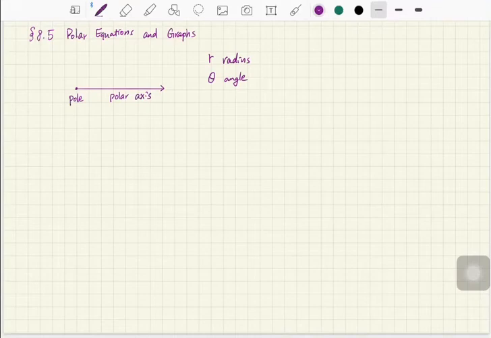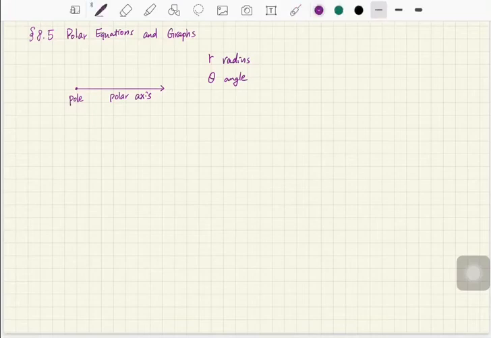When we try to find the location of any point, normally we will give you the measure for the radius r, and the measure for the angle theta, either in degree form or radian form.